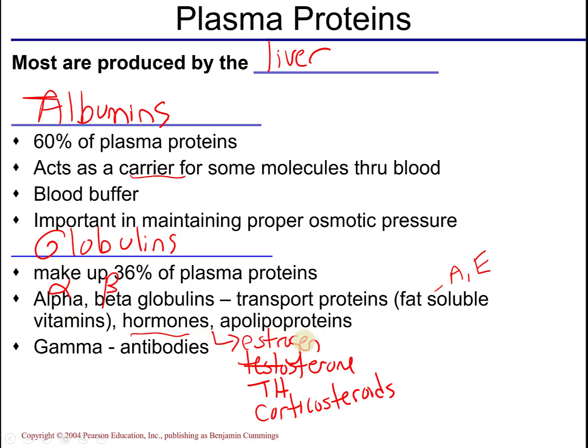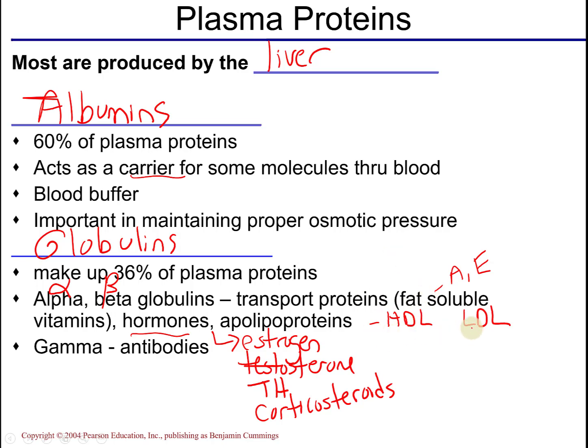Now, you might remember from the cardiovascular system that we know some lipoproteins. Remember HDL and LDL, high density lipoprotein and low density lipoproteins. These lipoproteins, remember, bind lipids. In the case of HDL, they are going to bind lipids from the tunica intima and remove them.